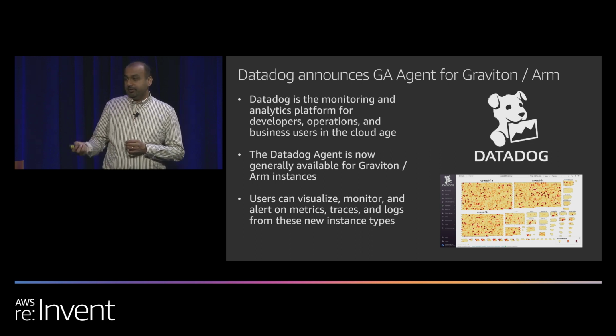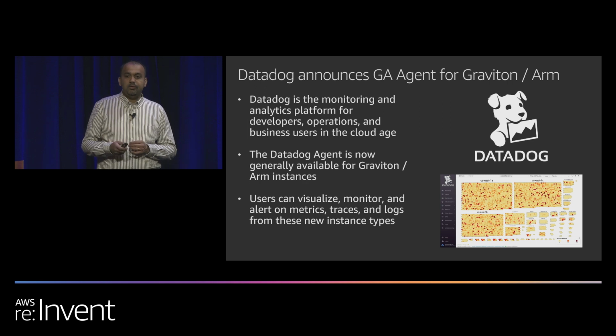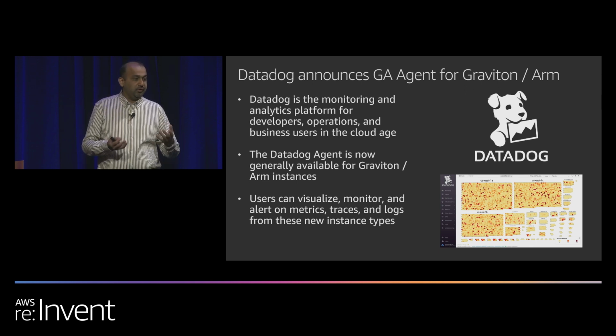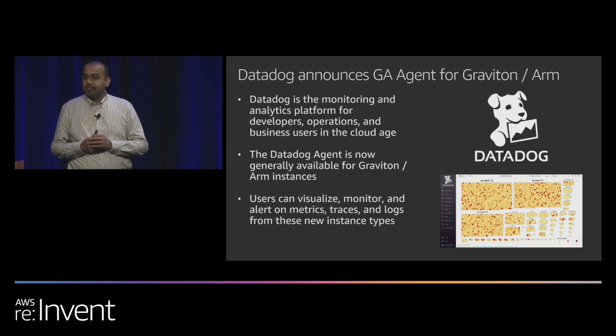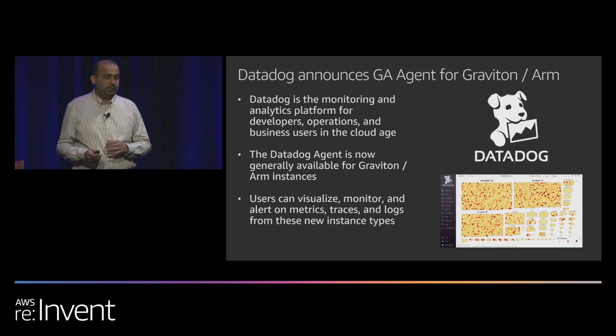And that's not everything. We also now have Datadog, which has announced GA support for their agent on Graviton and Arm. A lot of our customers use Datadog, a very popular monitoring and analytics platform, and that agent is now available on Graviton and Arm and gives you a consistent experience across EC2.